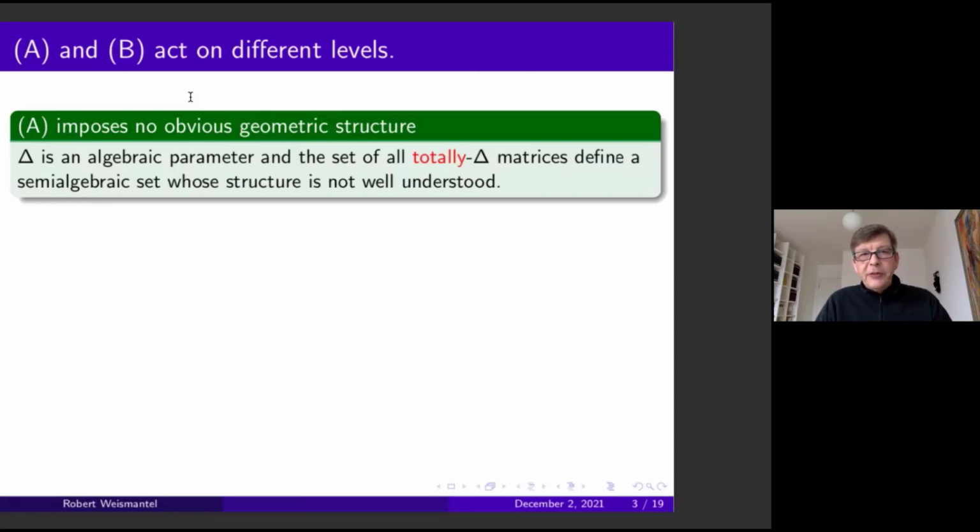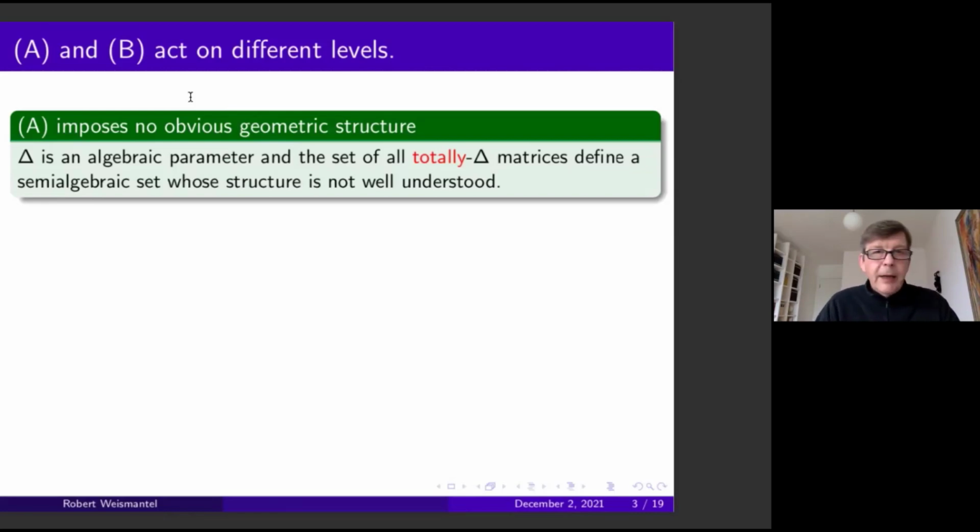This semi-algebraic set has some structure, certainly, but this structure is not very well understood. Even basic properties, like whether this semi-algebraic set is connected, still remain pretty much unexplored. But this is not integer, right? So just real. Yes, the set of all totally delta modular matrices would first be a real semi-algebraic set, but then of course we are interested in the integer points in the semi-algebraic set.